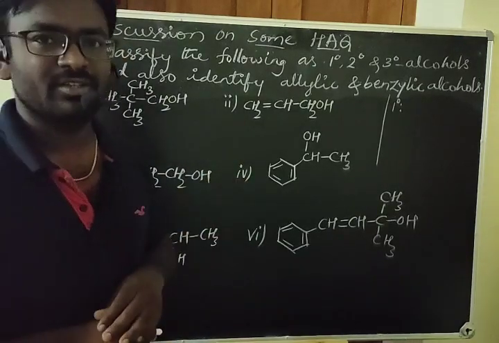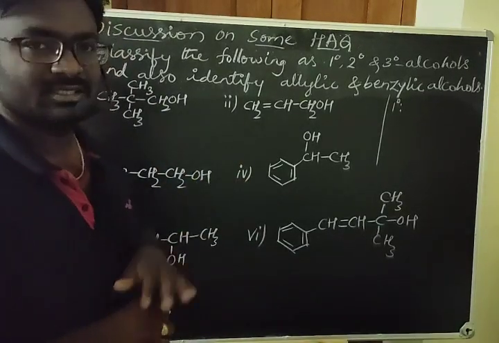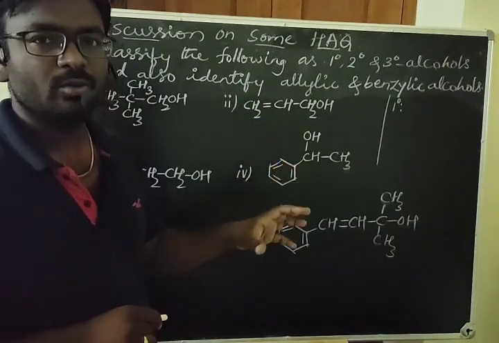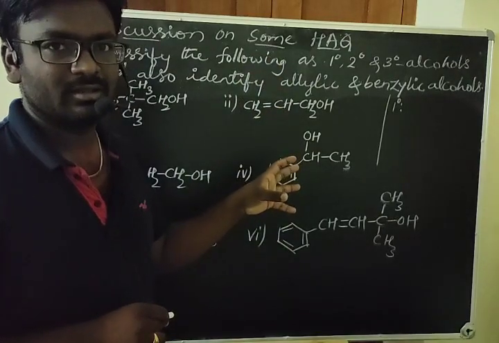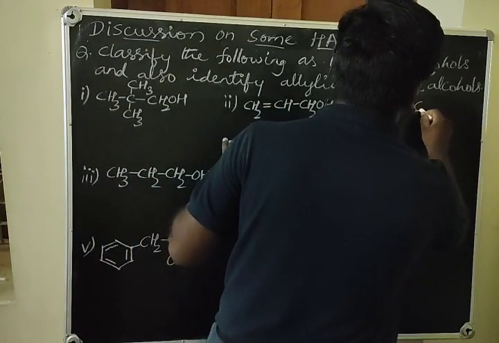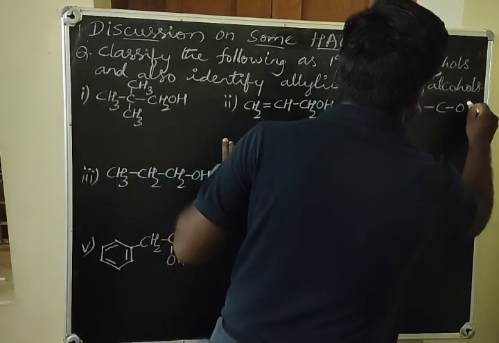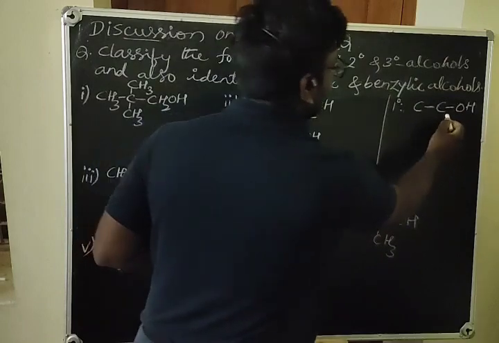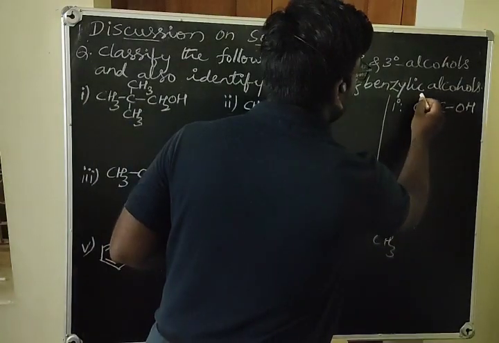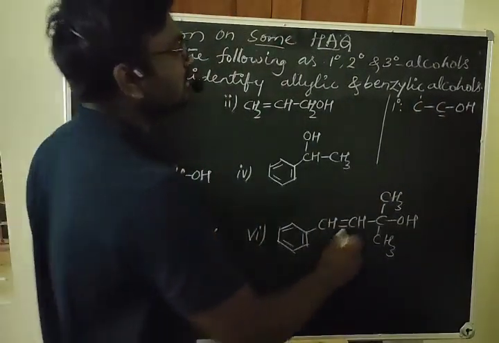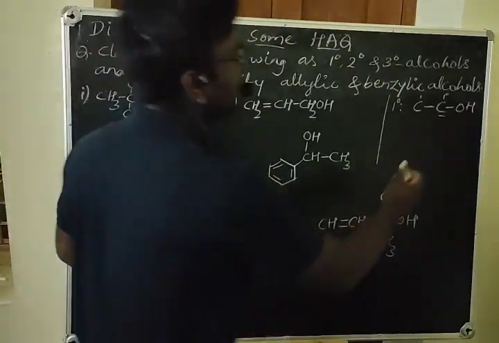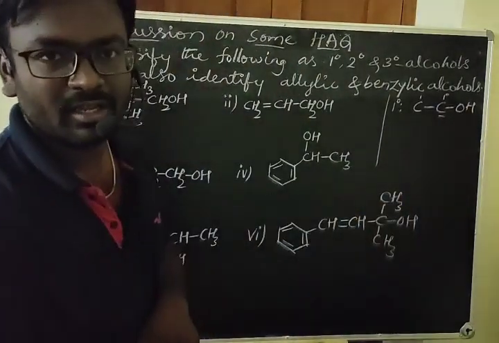The definition states that a carbon linked to only one other carbon is called a primary carbon. For example, here OH is present on this carbon, which is linked to only one other carbon. Hence this carbon is a primary carbon and the alcohol is called a primary alcohol.